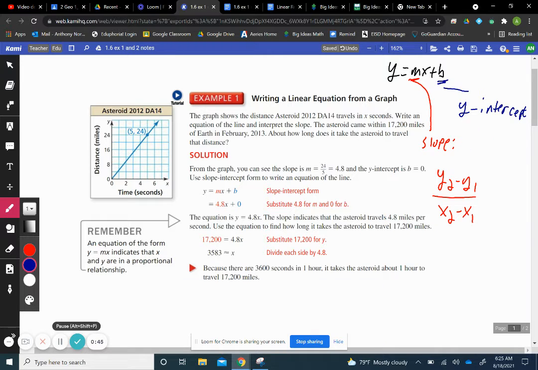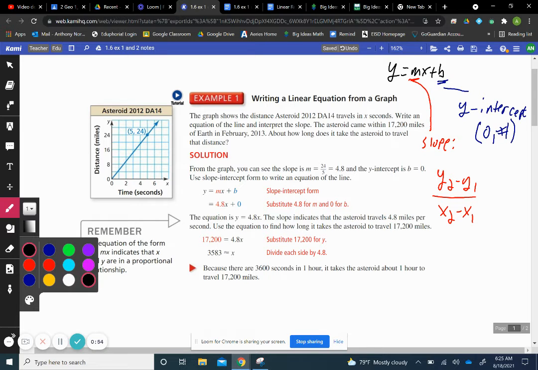From the coordinates we know the y-intercept is 0, comma, a number, and whatever this number is, that's the b.